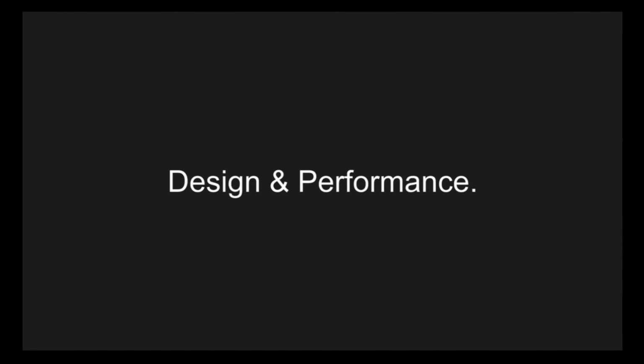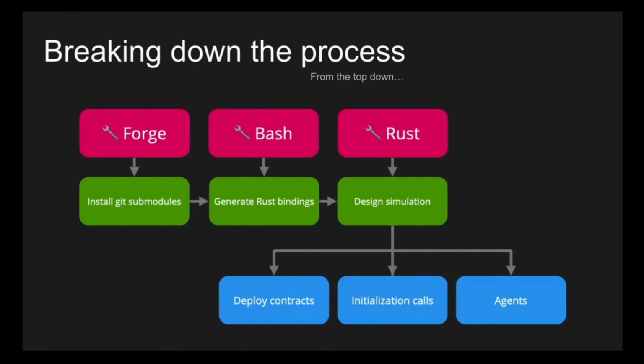Nice. So with that, let's take a little bit of a step back and take a look at the design decisions we've made and the performance that we've seen so far. If you were wanting to use Arbiter to design your own simulation, there are 3 steps with 3 sub-steps on the last step.